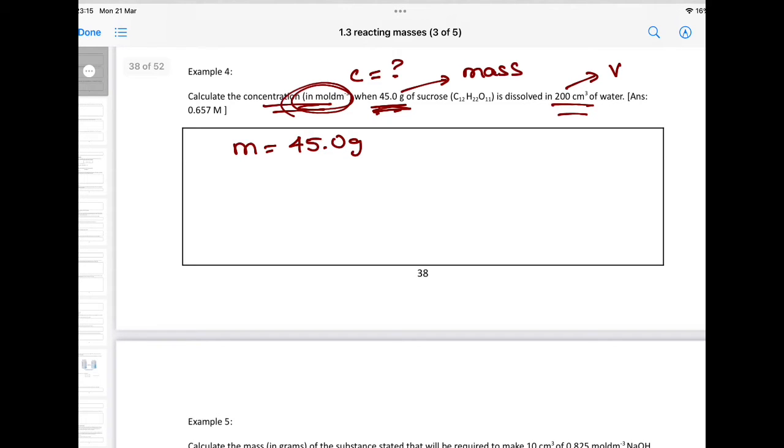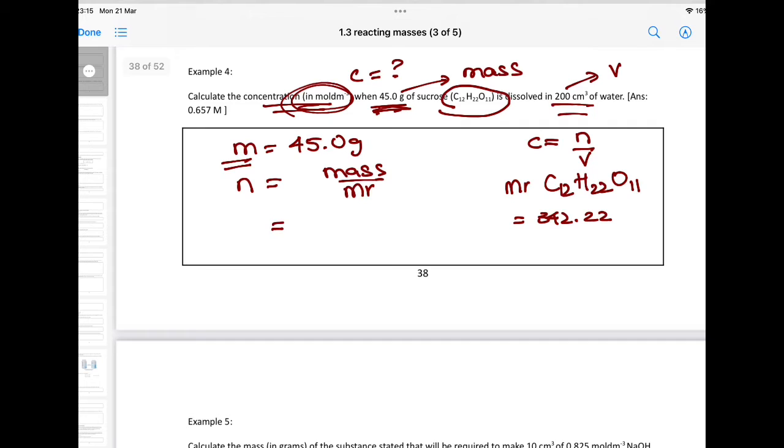So for you to get concentration in mole per dm³, you need the number of moles divided by the volume. So you will need the number of moles equivalent to this mass. So the number of moles is mass divided by Mr. You know it's sucrose. The formula is provided to you. So then you have to calculate the Mr of sucrose.